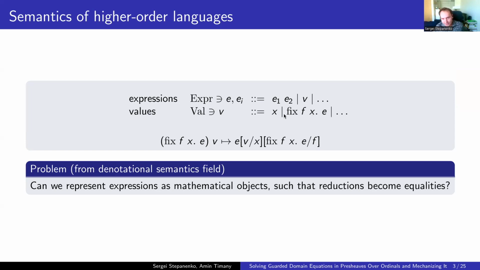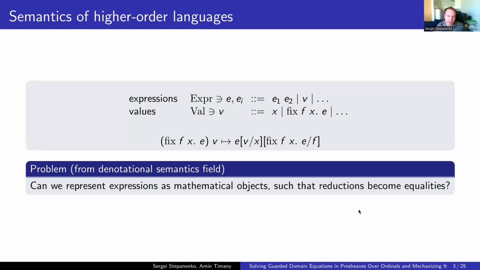And the intended classical operational semantic rule for it is that if we apply it to a value, then we substitute this value instead of the variable, and we substitute the function itself instead of its bound name in the body.